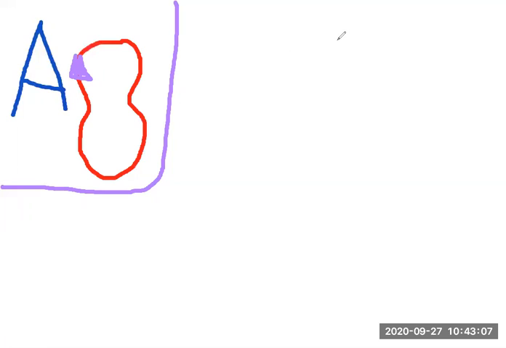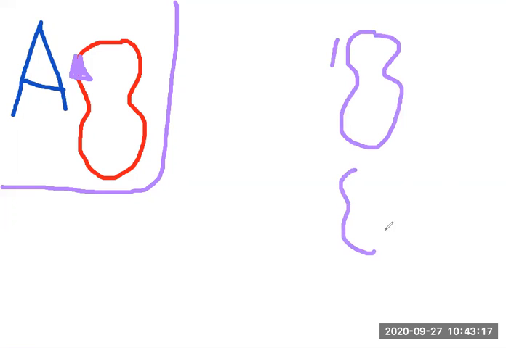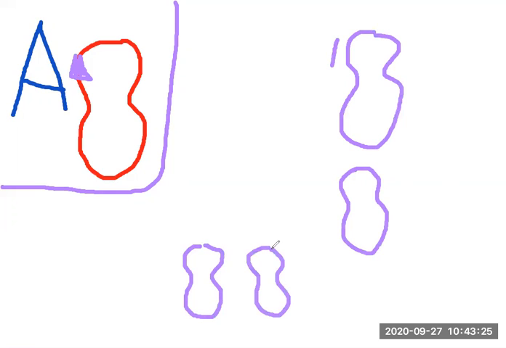Now let us draw the four types of RBC again here. Four types of RBC I am writing here. Now let me see whether you are able to say or not. So I am naming here.